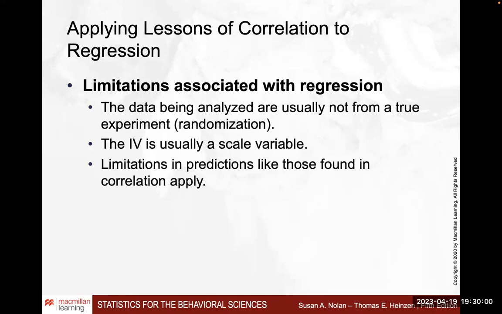But one of the problems is you cannot establish causality with a correlation analysis, except when you use it on randomized data, which you don't do in most cases. The independent variable is usually a scale variable. It doesn't have to be a scale variable, but that's beyond the scope of this class. And limitations in predictions are like those found in correlations. Don't establish causality.